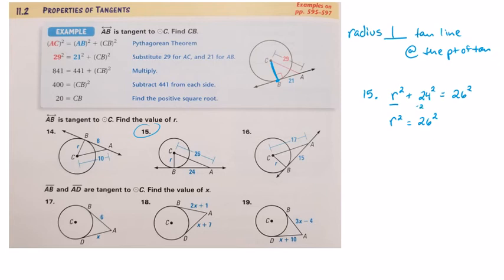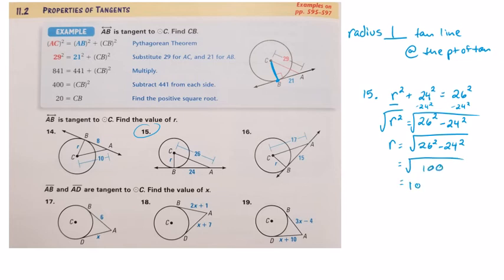I subtracted 24 squared from both sides. Then in order to get r by itself, I need to take the square root of both sides, so the square root of 26 squared minus 24 squared. I can type that into my calculator, and I would end up with the square root of 100, which means the radius is equal to 10.